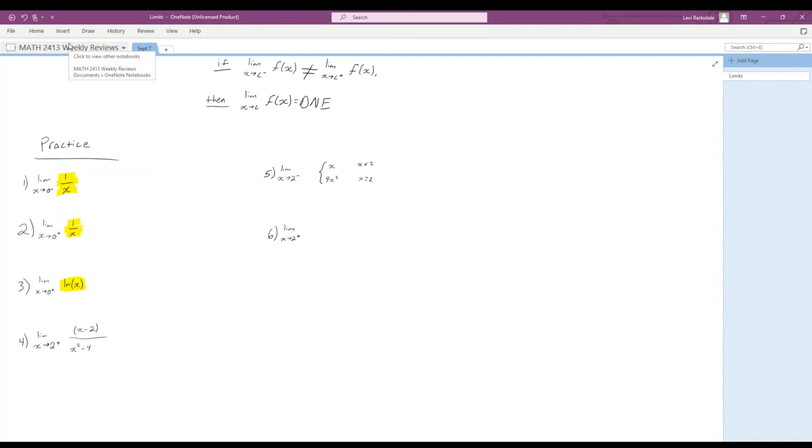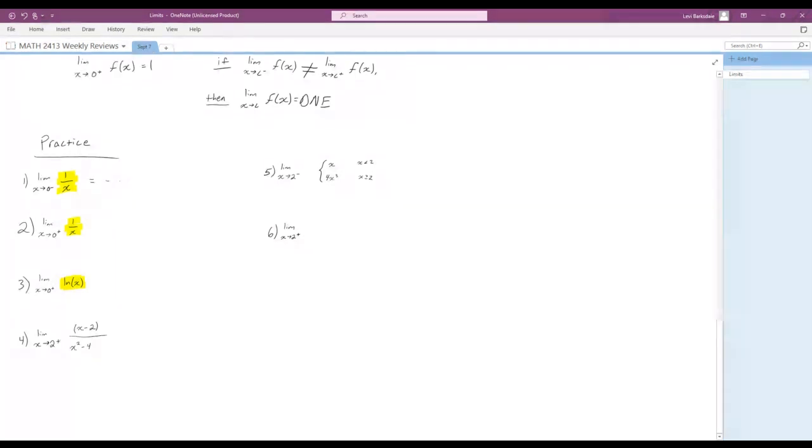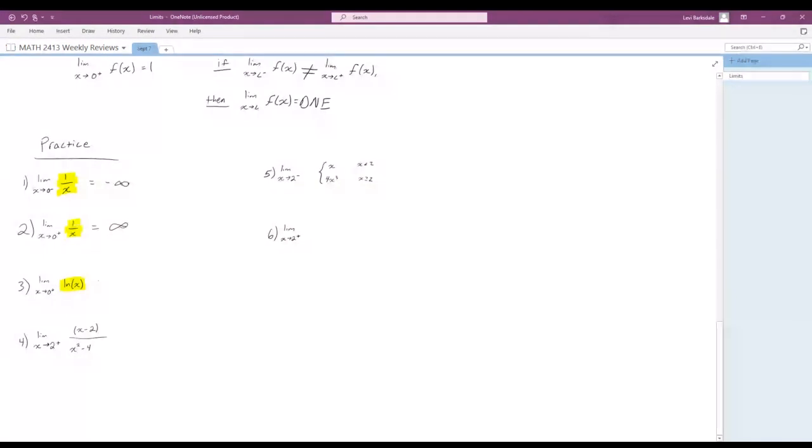But with the graph, as it's approaching 0 from the negative side, it's going to go to negative infinity. And from the positive side, it's positive infinity. Yep.